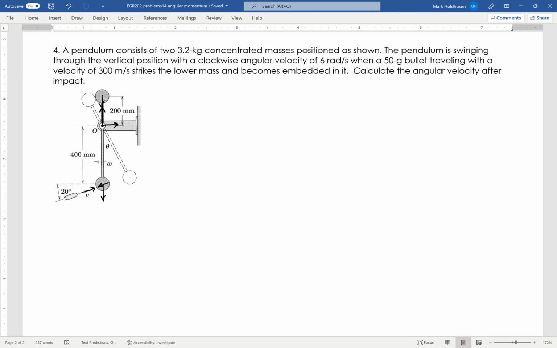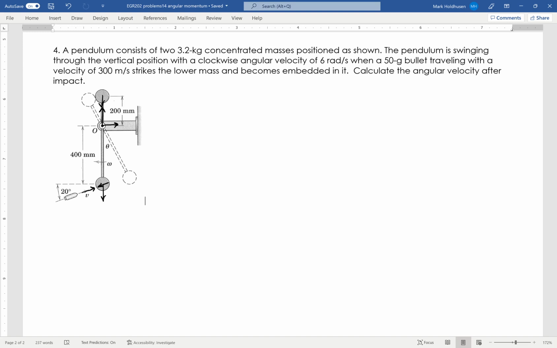Okay. So, but what I can't ignore is those points, those reaction points at point O, unless I do the momentum about that point O. And if I do the momentum about that point O, the only impulse that I potentially have is the impulse of them slamming together, which I can get rid of by taking the two together.